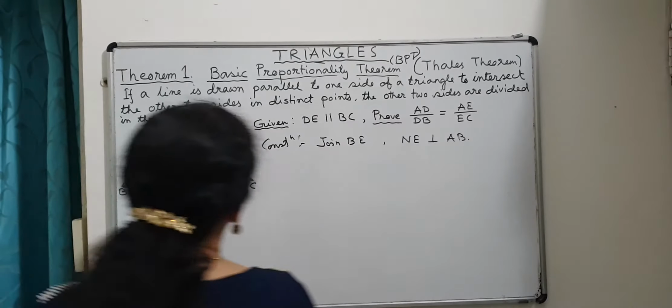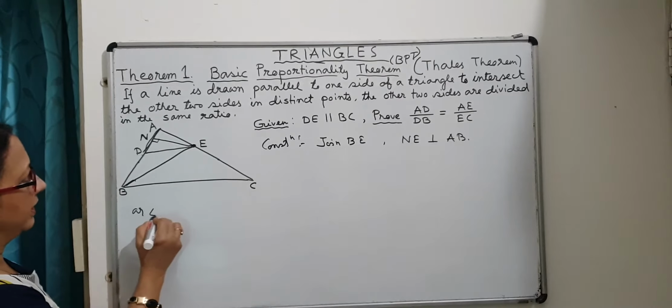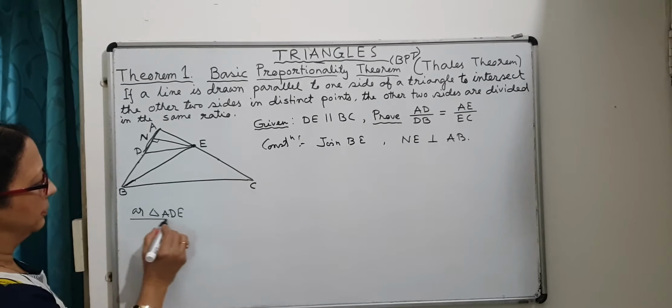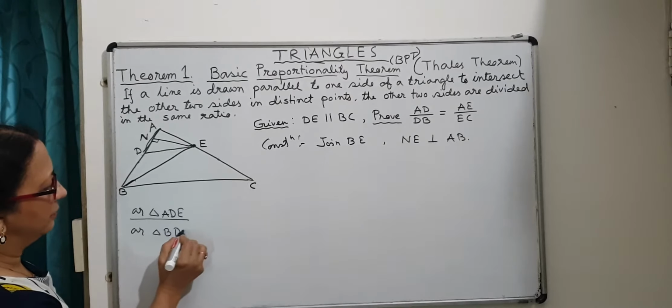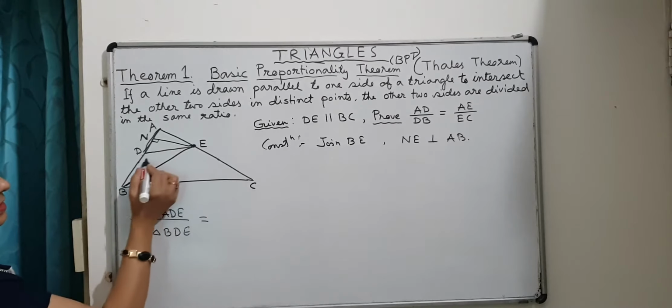Now I will find the area of the triangle ADE upon area of the triangle BDE. So I will find the ratio of the area of this triangle and this triangle.